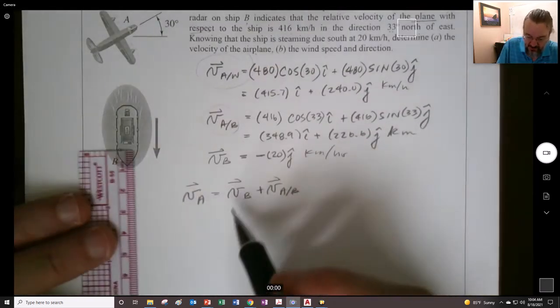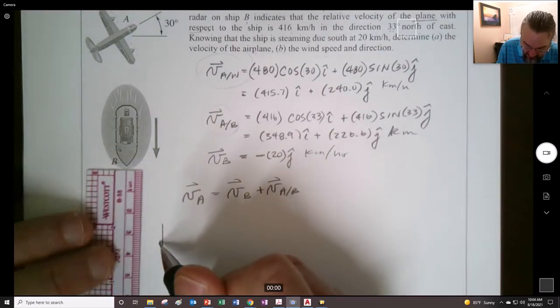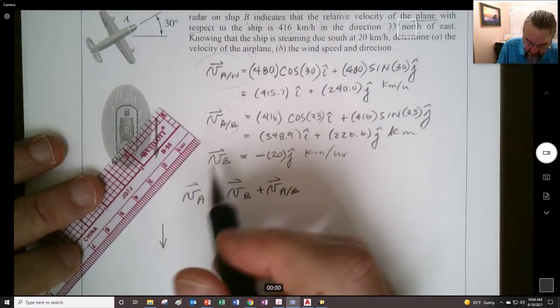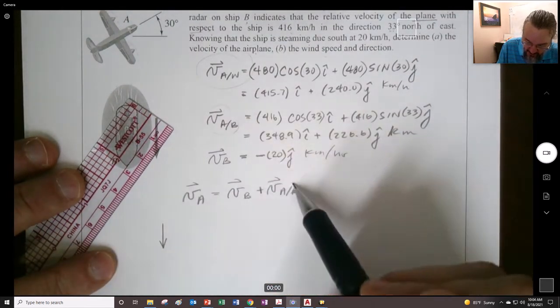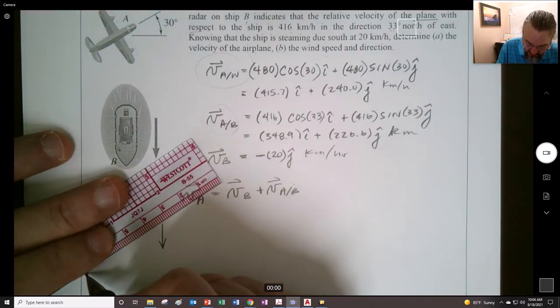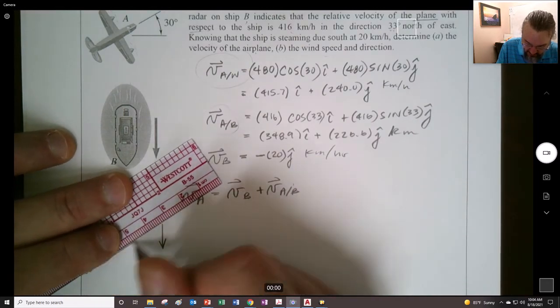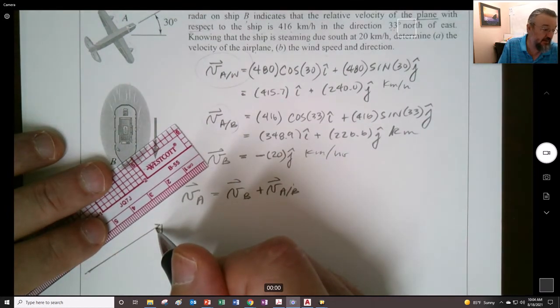We could also do that in terms of triangles, because we have B as the reference, which is going to go straight down, and we're going to add to it A with respect to B. So we're going to go nose to tail, like this.